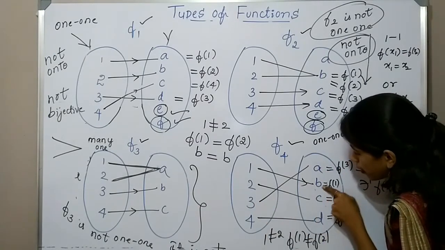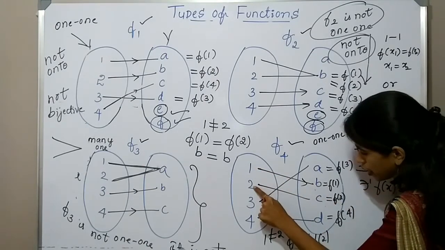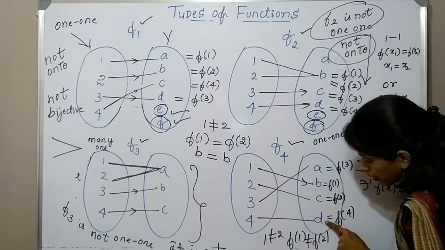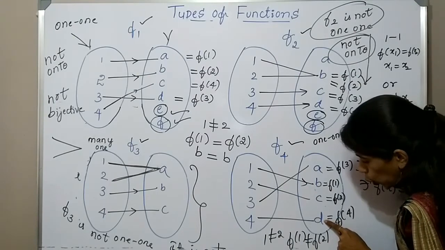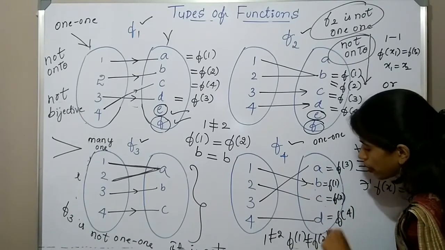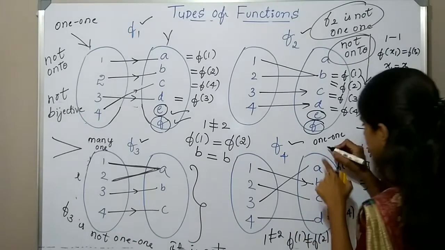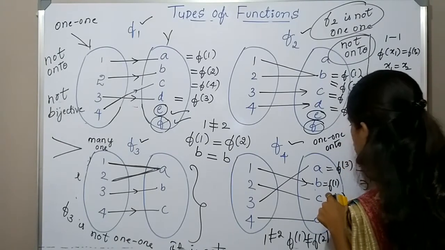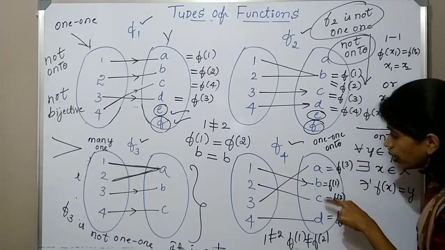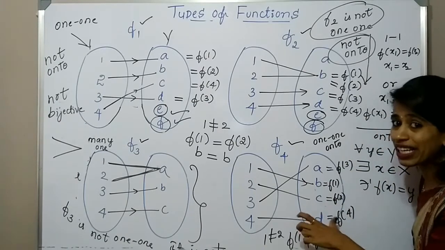For B, it has a pre-image, say 1. For C, it has a pre-image, say 2. For D, the element of the codomain has a pre-image, namely 4 in the domain. Therefore, every element of the codomain has a pre-image in the domain. Therefore, it is onto also. So F4 is 1-1 and onto. Therefore, it is an example of a bijective function.